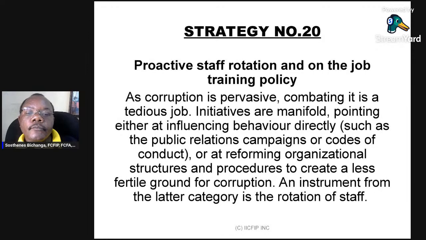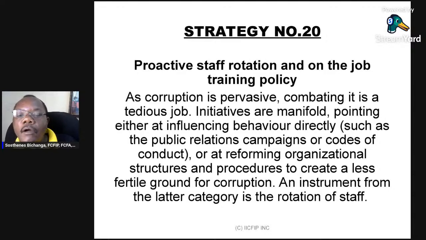Conclusion. In the combat against bribery, rotation of staff in public administration is suggested as a precautionary measure.